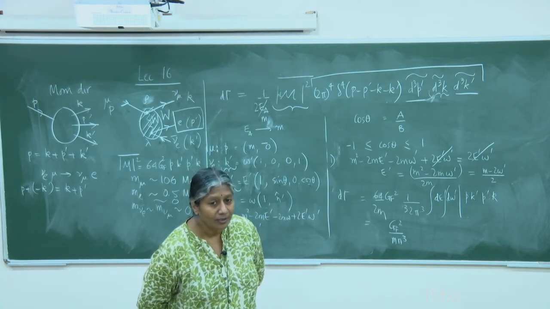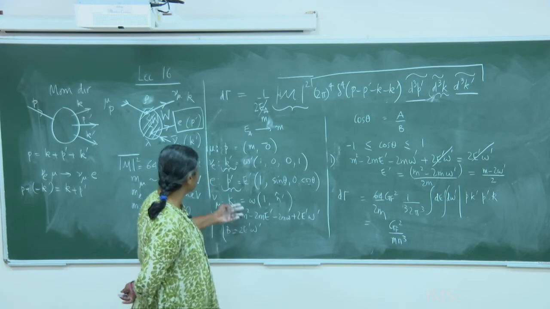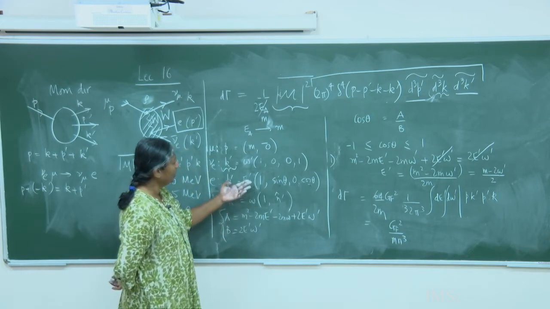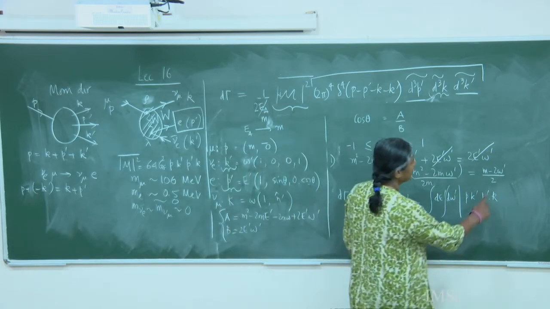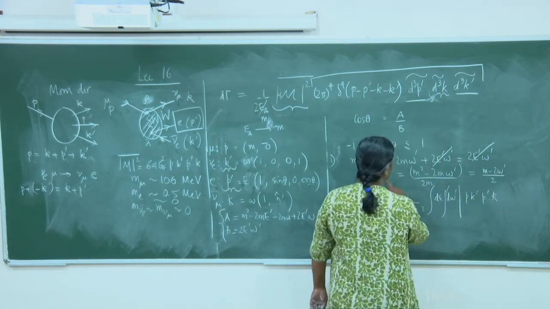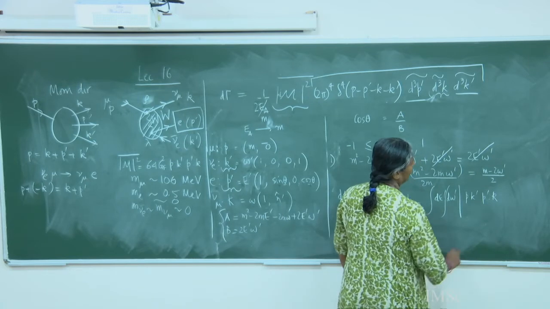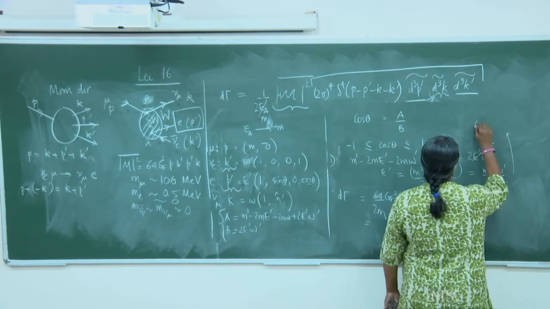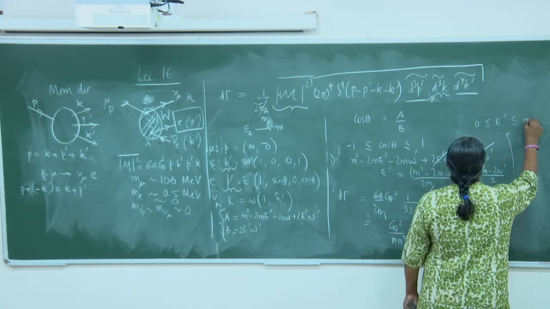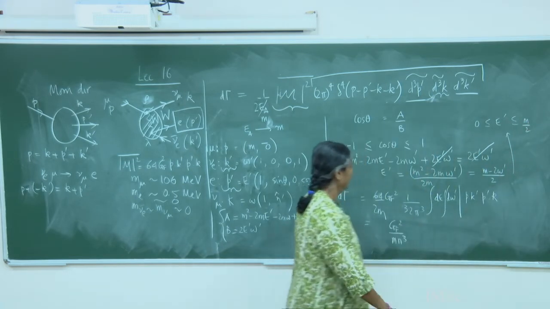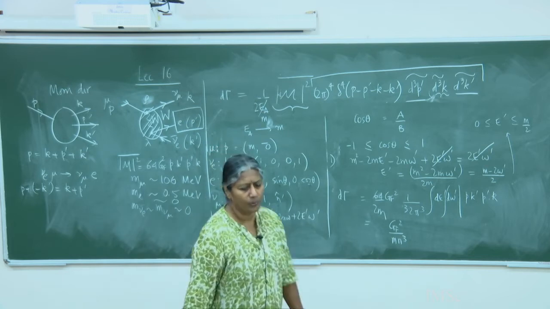Yes, correct, rest mass, but we have taken it to be 0, so the smallest value of omega prime is 0. So that means when omega prime is 0, e prime will then be m by 2. That means e prime varies from, I'll do it the other way around, m by 2. Is it clear? Now we will put the other limit.